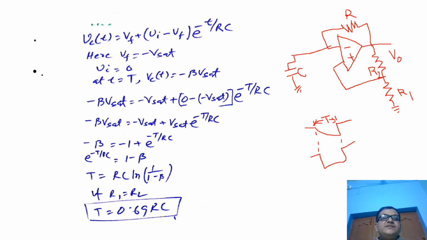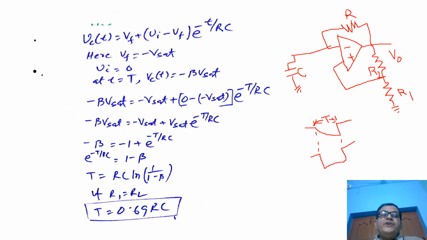Now this is the basic formula of a charging capacitor. To charge or discharge a capacitor, it needs a source voltage, which we call the final voltage, denoted by Vf, and the initial voltage is denoted by Vi.